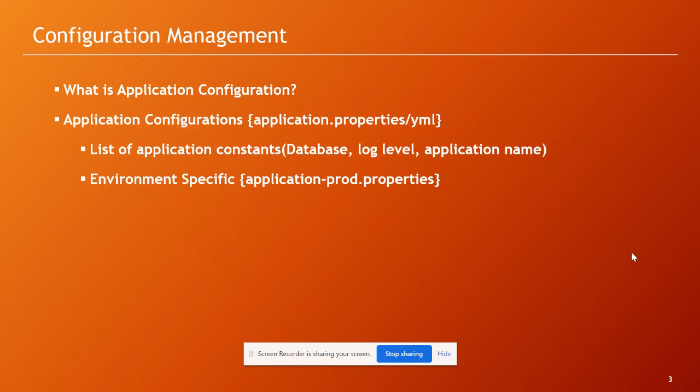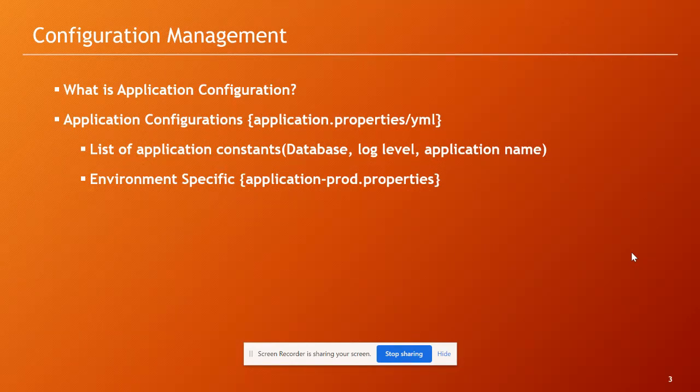We separate these out so that we can change them frequently, like from one environment to another, very easily just by referring to the properties file instead of changing it at the code level. So this is application configuration. Mostly in a Spring Boot application, this is stored either in application.properties, which is a kind of property file, or the alternative, application.yml.